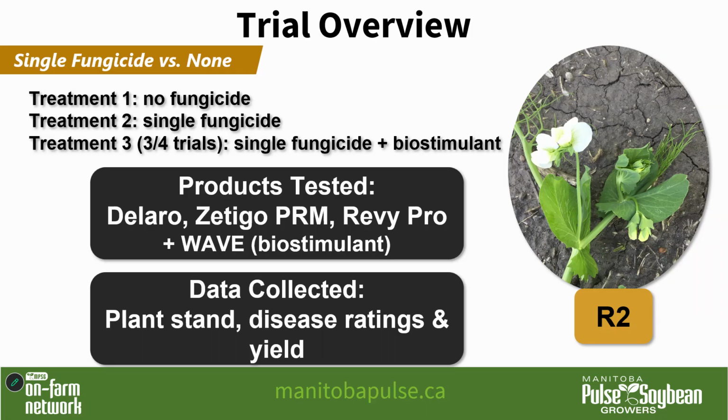The single fungicide application or the tank mix were both made at the beginning bloom stage or R2. And we tested 3 different fungicides, Delaro, Revytek, and Zolera PRM. The data we collected on this trial was plant stand. We performed a disease rating, and we collected yield from each strip in each trial.